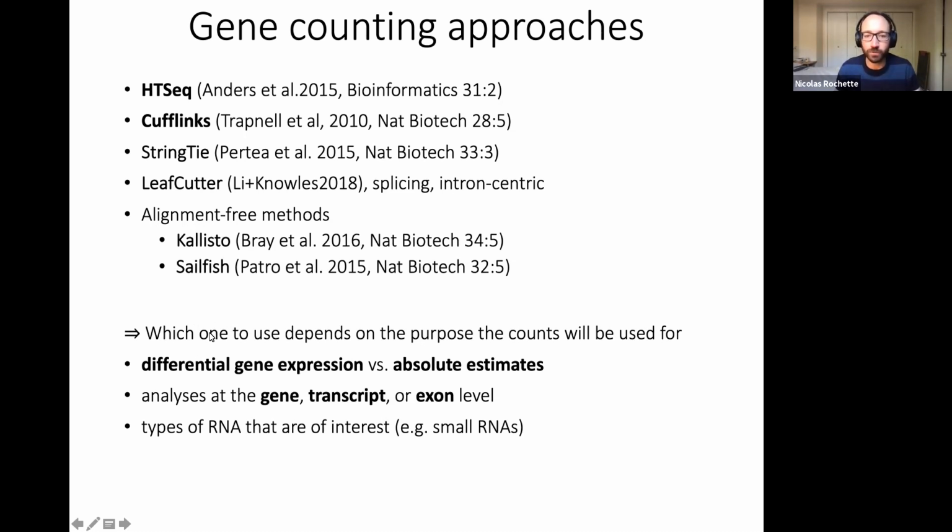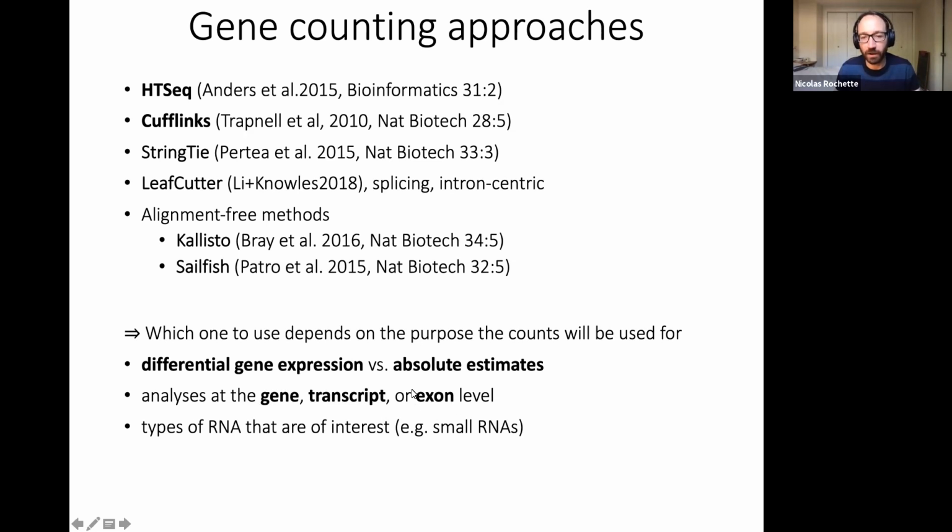Which one we use is really going to depend on the purpose that we have. As I mentioned, we can do the analysis at the gene or the transcript level. The gene level is more robust, but the transcript level may be more relevant for some specific applications.